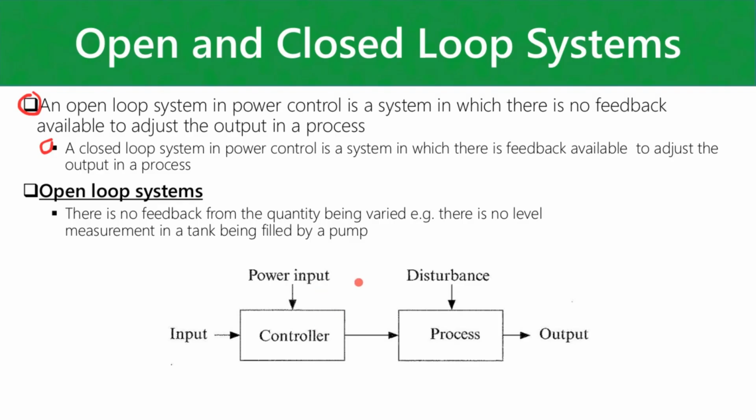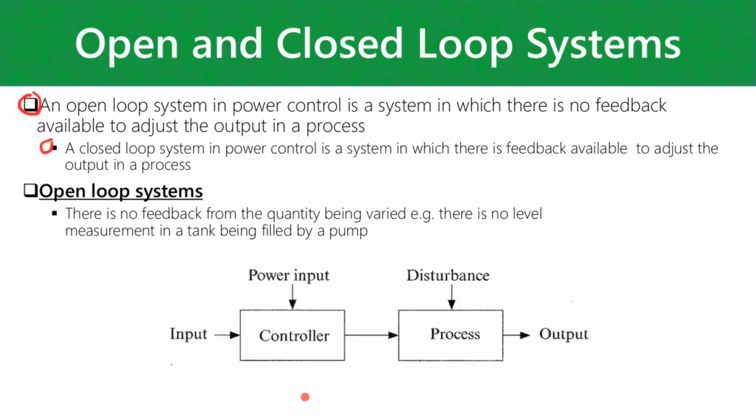So for instance, an example of an open loop system is where you don't have any level measurement in a tank that's being filled. That could be filled with fuel or water via a pump.